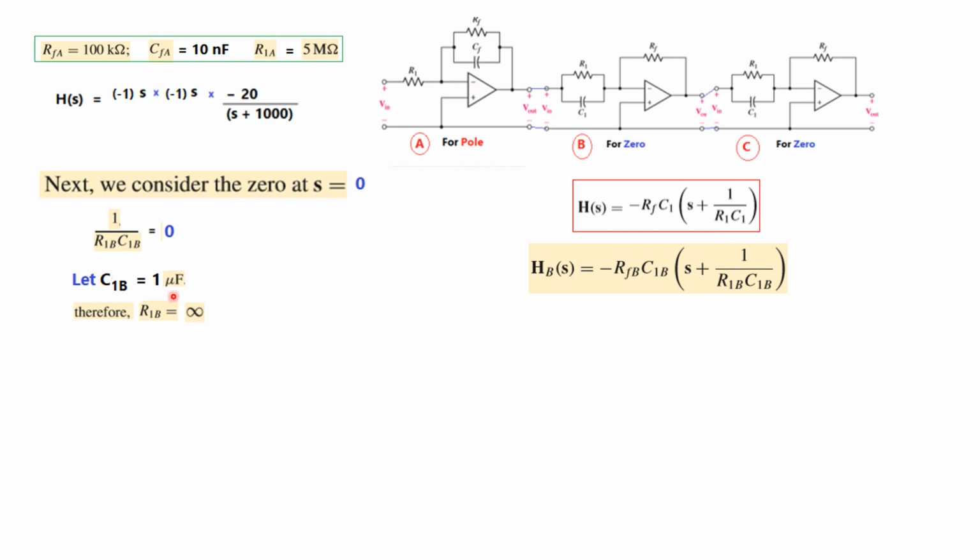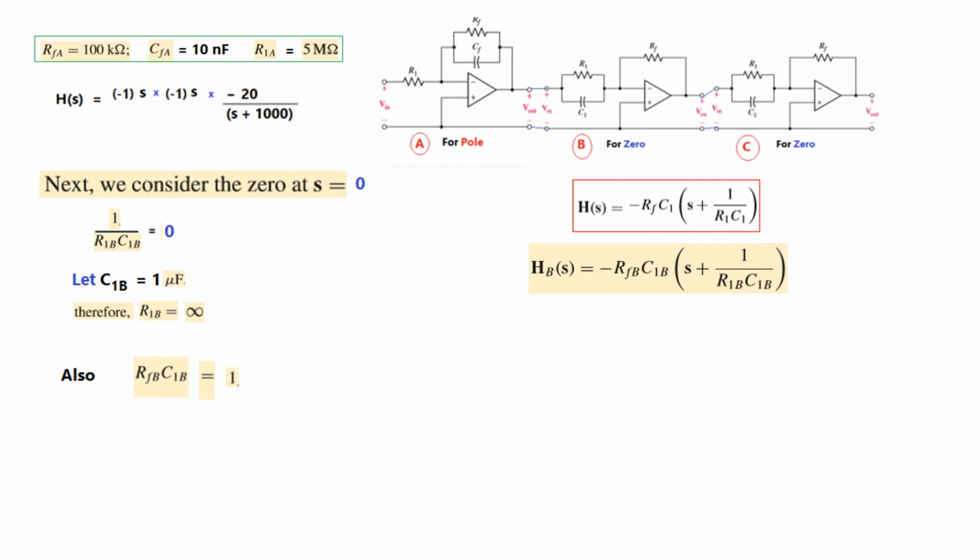The capacitance will have a limited value, so we assume a capacitance of 1 microfarad. To get 0 we have to divide by infinity, therefore R1B has to be infinity. So we conclude that C1B is 1 microfarad, but R1B is infinity.